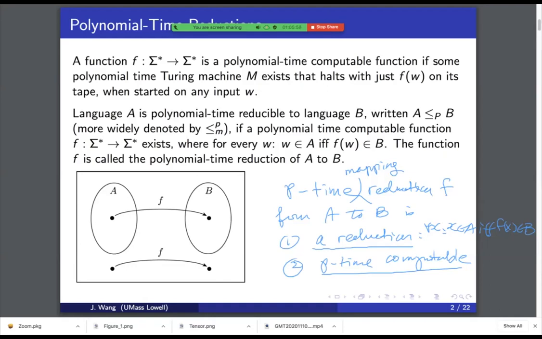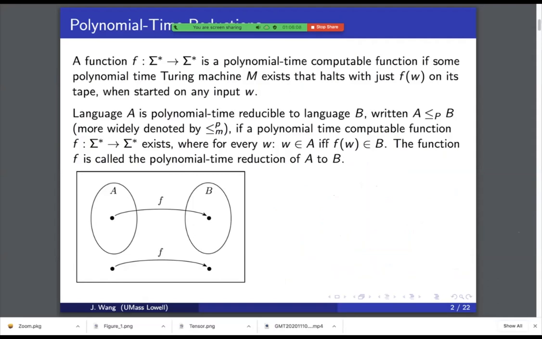That's what the polynomial time reduction is. This concept is not hard. It is the tool we are going to use to prove that certain problems are NP-complete.